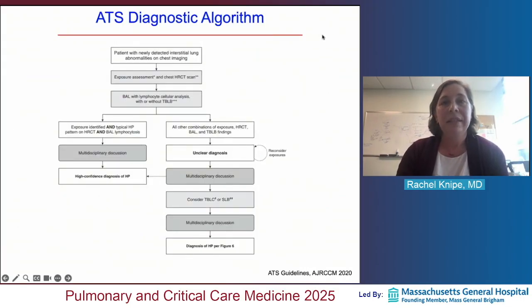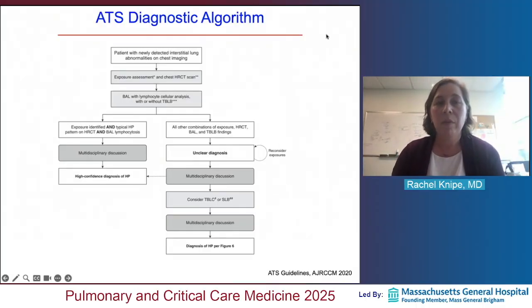Okay, so the ATS has put out guidelines for assisting with making the diagnosis of HP, and the algorithm they have published is very similar to the way in which I've talked about this. You have a patient with newly detected interstitial lung abnormalities on imaging. You go through exposure assessment, and a high resolution chest CT scan is recommended first.